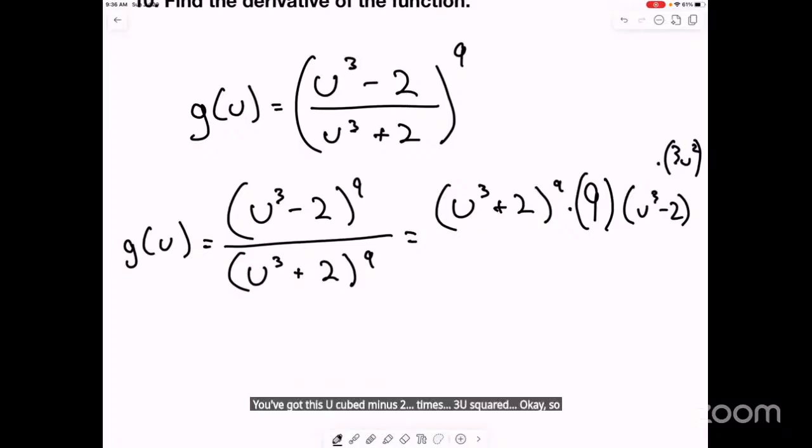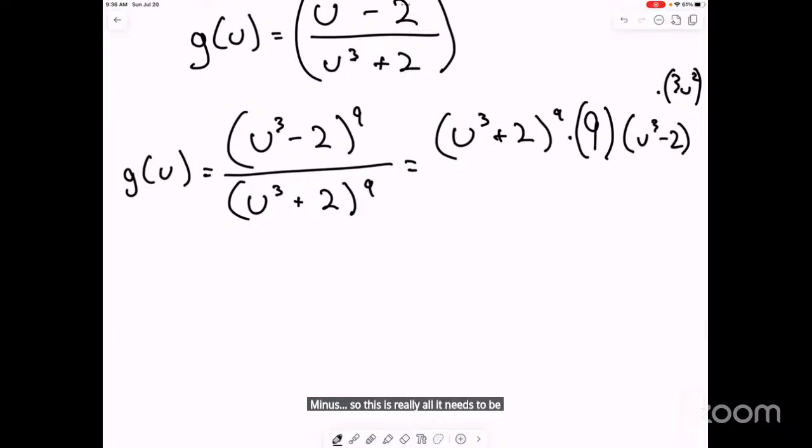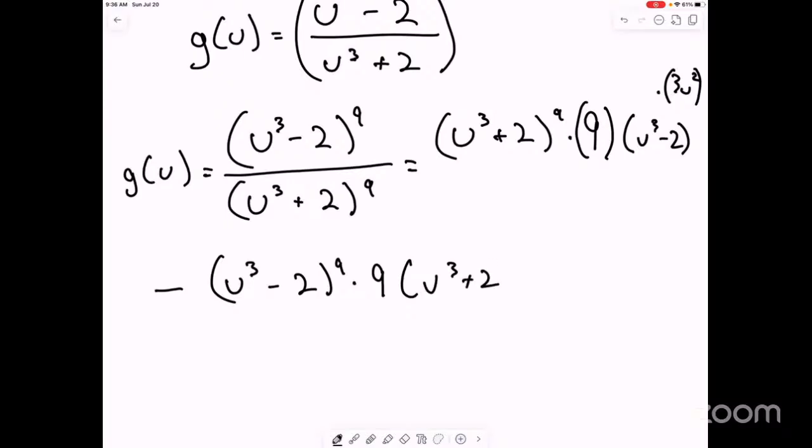Okay, so that's the bottom times the derivative of the top, minus the top times the derivative of the bottom, and then it will be all over the bottom squared.